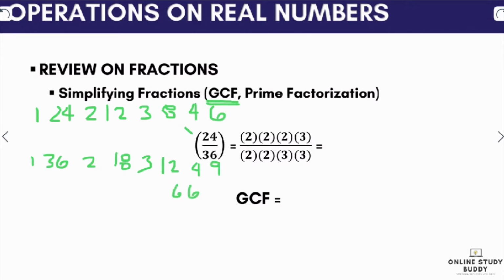So, comparing the two groups, makikita natin na yung greatest common factor ng dalawa ay 12. So, dividing the numerator and the denominator by 12, we will get 2/3. And then, ang greatest common factor natin ay 12.